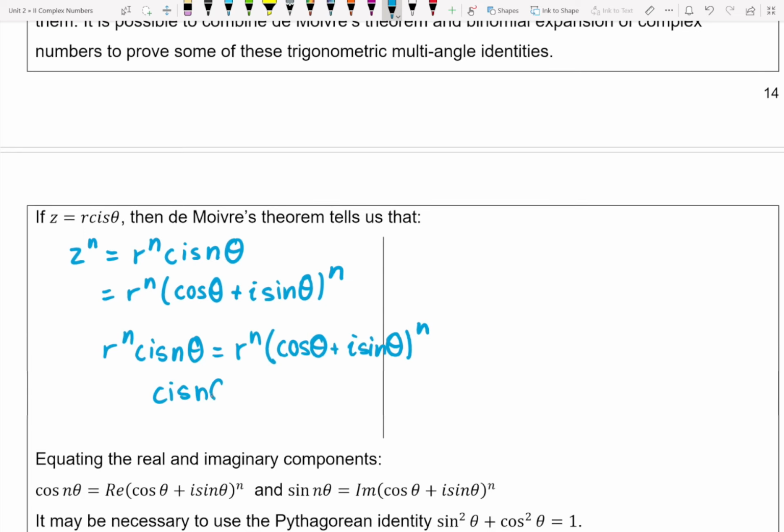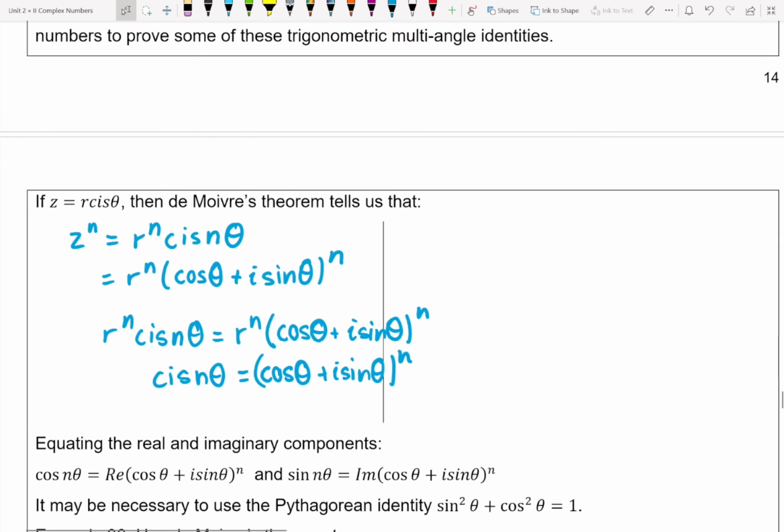So essentially what we find is that cis n theta is equal to cosine theta plus i sine theta to the power of n. So if we have a binomial and we expand it, we can use imaginary and real components of the left-hand side to find identities of multi-angle formulas.